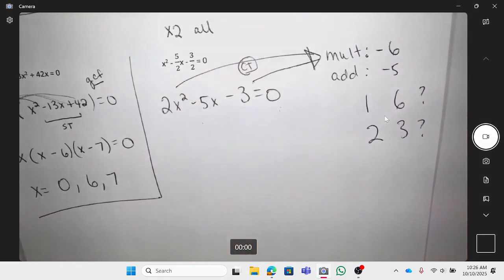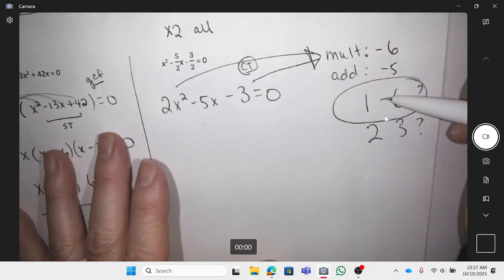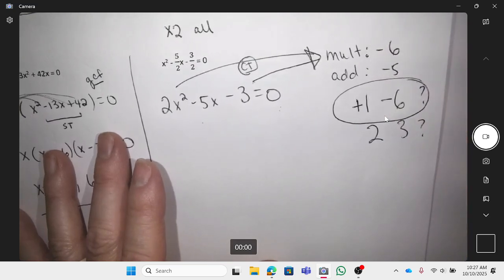This is the one that's tricky. What multiplies to 6? Which set is going to work according to the signs that I need? I'm going to have to pick this one because they're going to have opposite signs of each other to make -6.